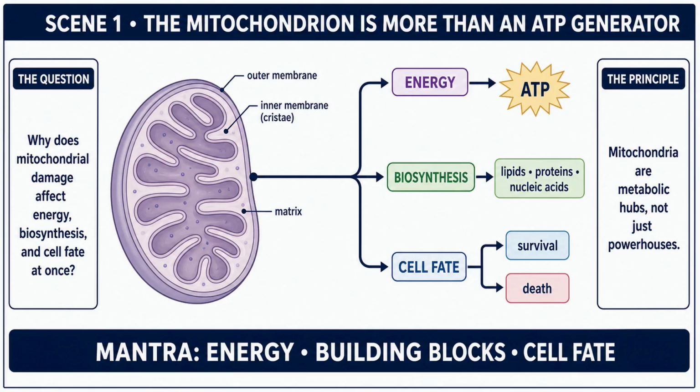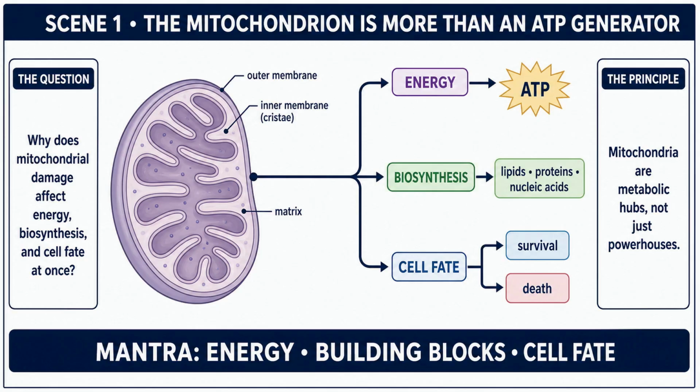When we hear the word mitochondrion, the first idea that usually comes to mind is energy. That idea is correct, but it is incomplete. Mitochondria generate much of the ATP that powers the cell. They also provide metabolic intermediates that can be used to build lipids, proteins, and nucleic acids.